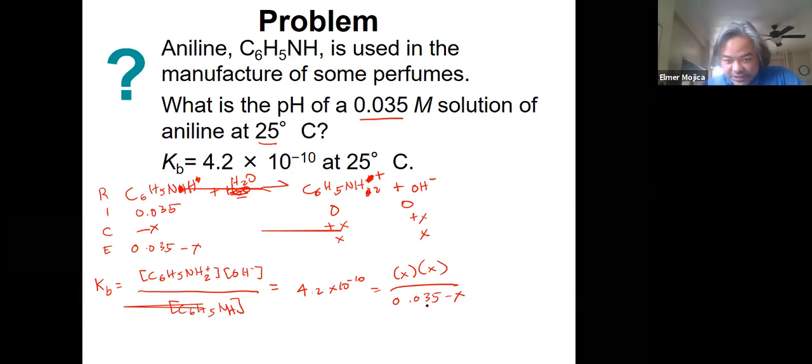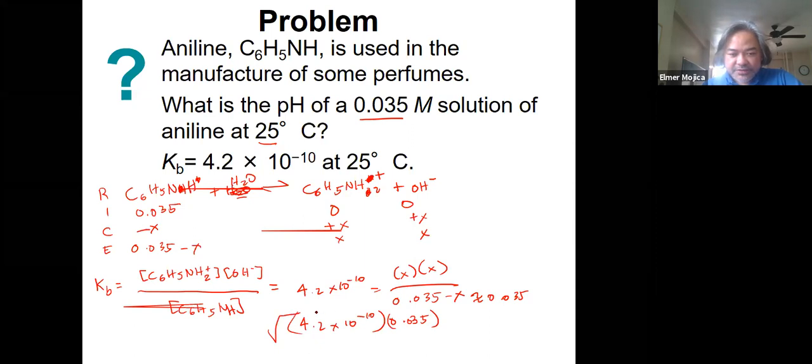So we could say this is just equal to 0.035. So you multiply this with the given Kb, and then what? Get the square root, and that is your x.